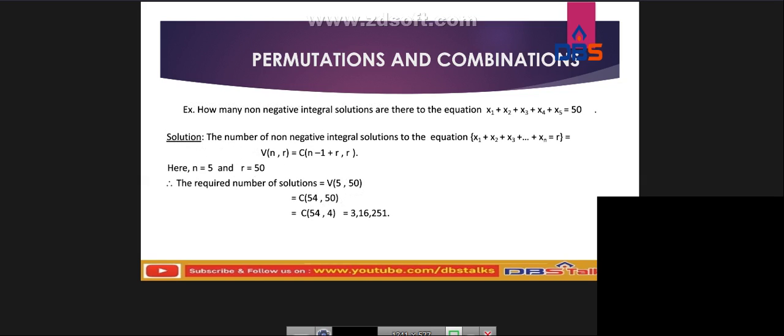How many non-negative integral solutions are there to the equation x1 plus x2 plus x3 plus x4 plus x5 equal to 50? See, the number of non-negative integral solutions to the equation is V of n comma r equal to C of n minus 1 plus r comma r.